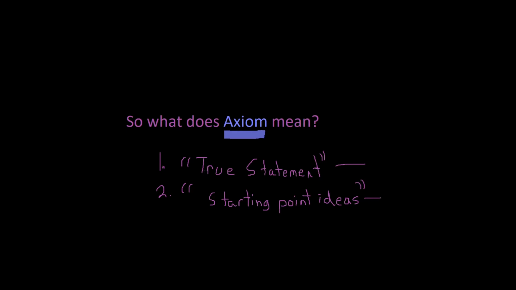So a lot of true statements build up our proofs, right? If our statement was false, then our proof is false. And so that's all an axiom is. It's the building blocks of mathematics. That's the way you could think about it. And you can also think about it as a true statement and a starting point for our ideas. So if we're to write out a proof, we've got to use axioms in order to justify what our proof is.